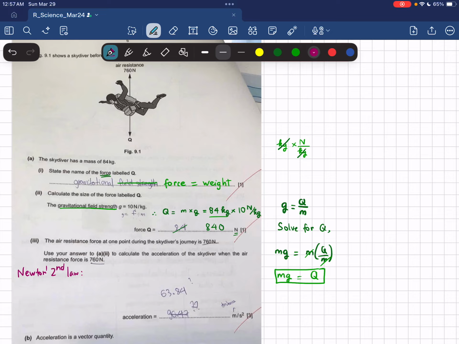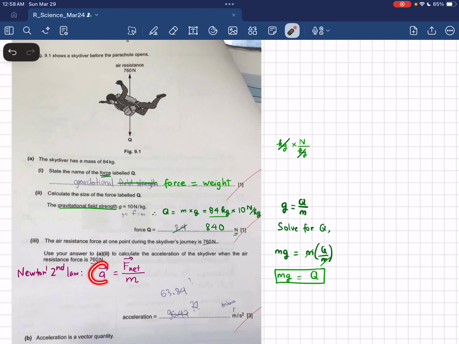Newton's second law is that the acceleration caused to the object results from the F net. It means the total force acting on the object of a mass m, and the acceleration will be inversely proportional to the mass. The bigger the mass, the smaller the acceleration.